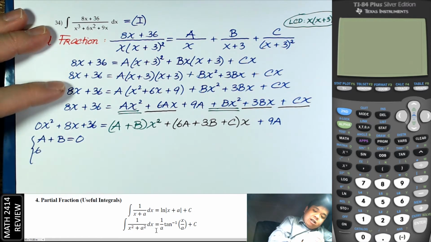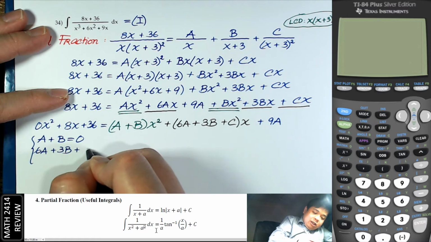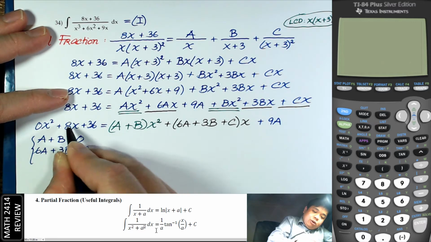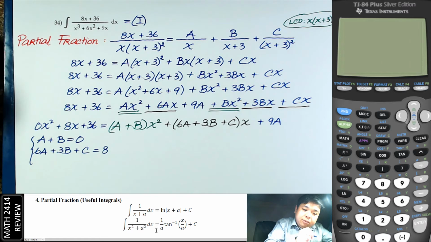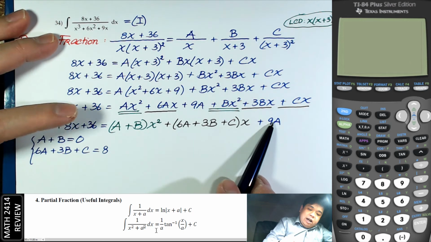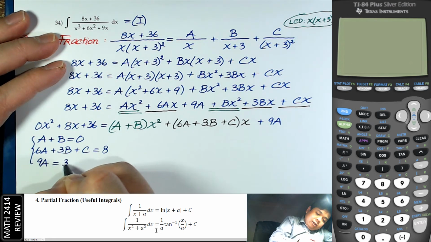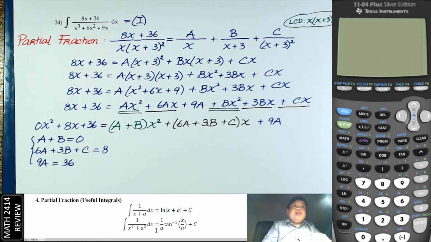So 6a, 3b plus c equals 8. And then constant, 9a equals 36. This one we can just solve by hand.